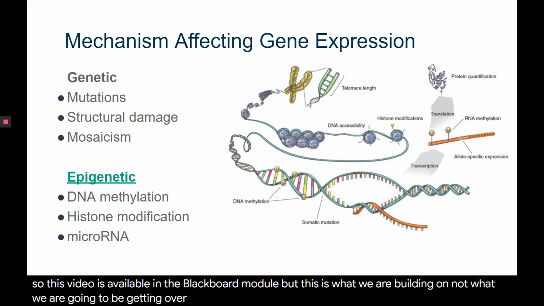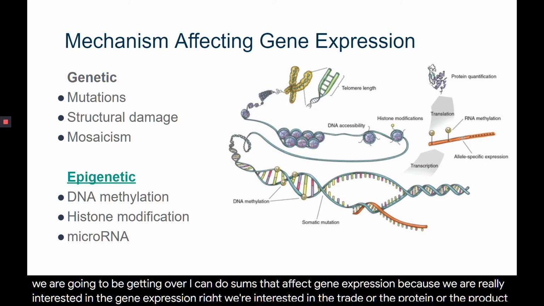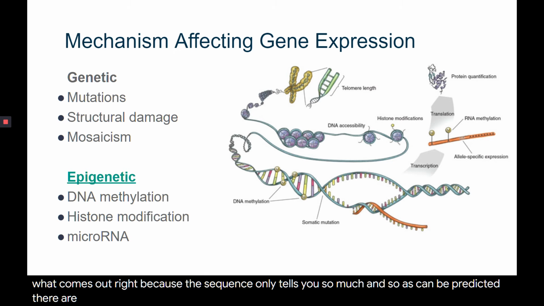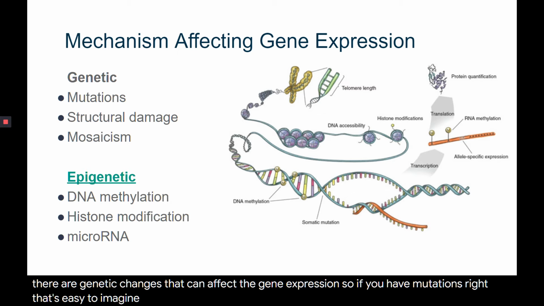So mechanisms that affect gene expression, because we are really interested in the gene expression, right? We're interested in the trait or the protein or the product, what comes out, right? Because the sequence only tells you so much. And so, as can be predicted, there are genetic changes that can affect the gene expression. So if you have mutations, right, that's easy to imagine. You have a mutation, yes, that will affect your gene expression.